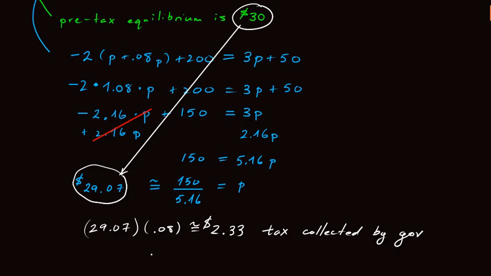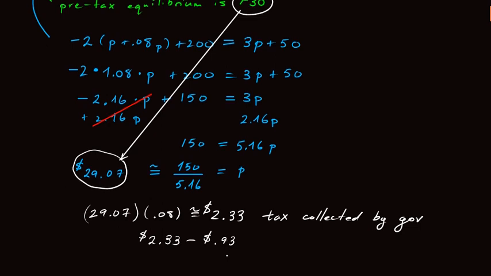So the 2.33 tax, that's what he's paying ostensibly, but then the price has actually gone down, so we have to subtract off 93 cents. So that'll give us about $1.40 borne by the consumer.